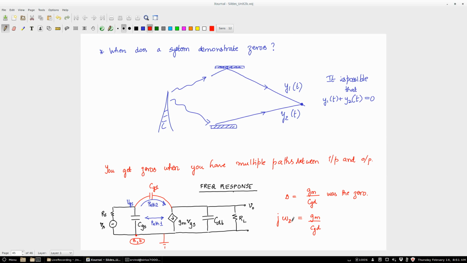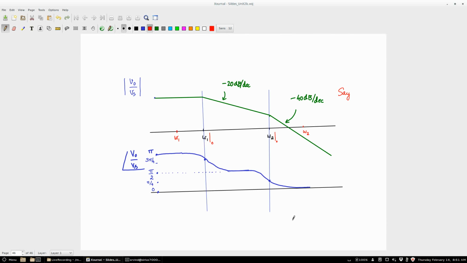So you have to worry about the 0. And that 0 is here. So what value of your omega? Omega z is? What is omega z? So omega z is Gm by CGD. Correct? And can you make a comment on what is omega z with respect to omega 1 and omega 2? In between. Gm is very, very large.